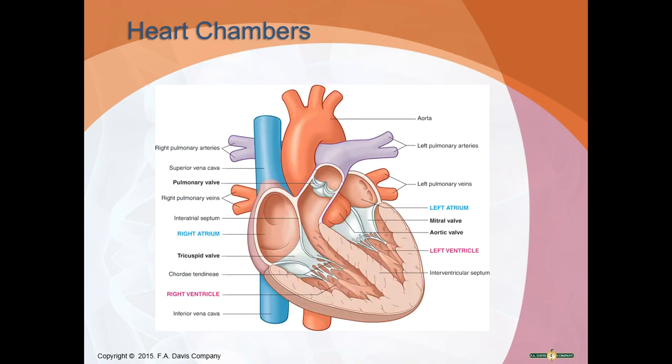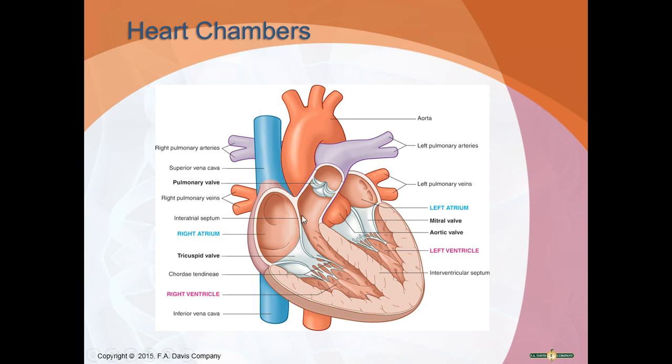So the heart chambers, that's on page 275. The heart contains 4 hollow chambers: the atria, the upper chambers, and the ventricles, the lower chambers. The atria serve as reservoirs. They receive blood from the body or the lungs, and they're separated by the intraatrial septum.